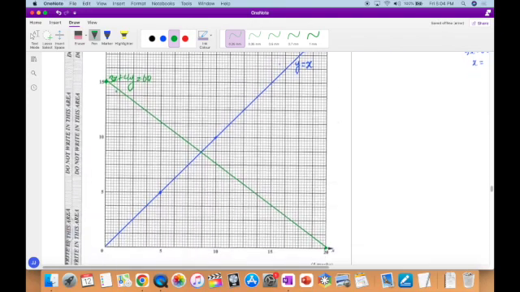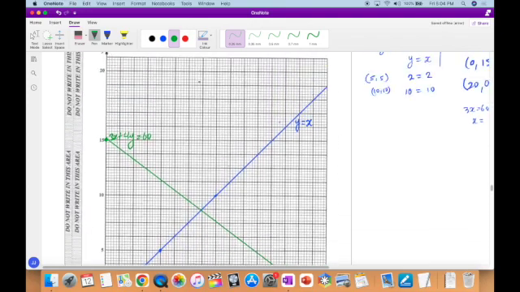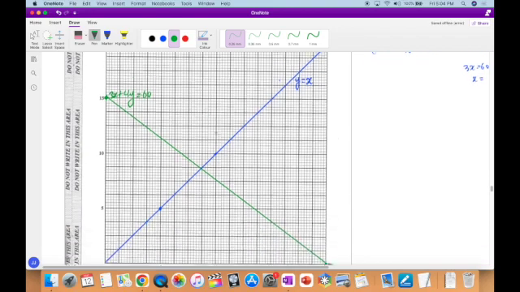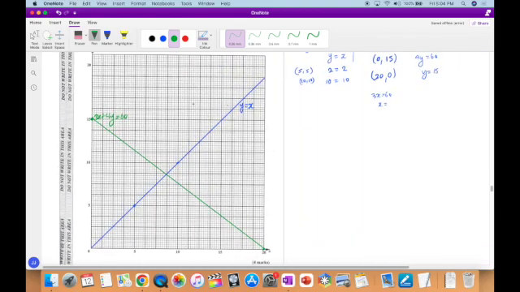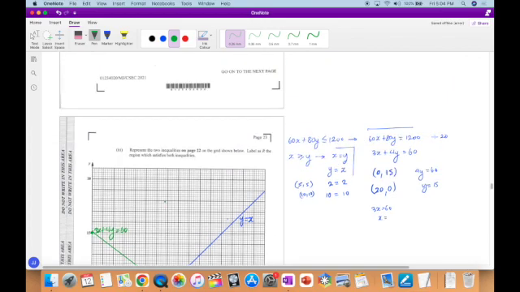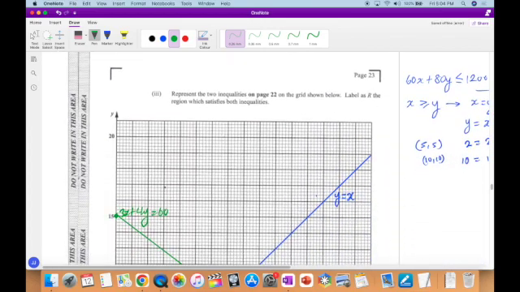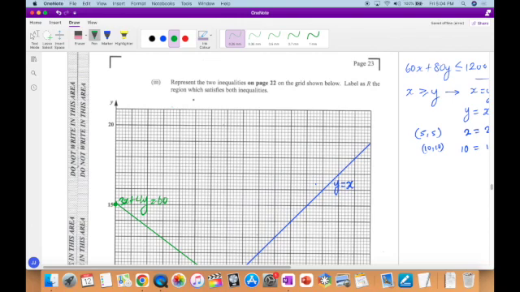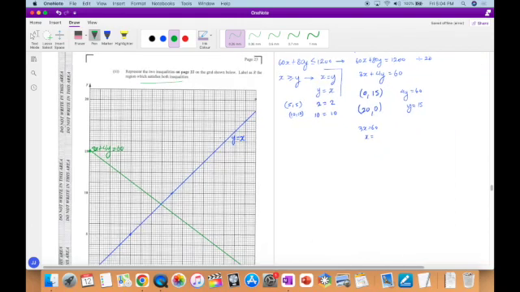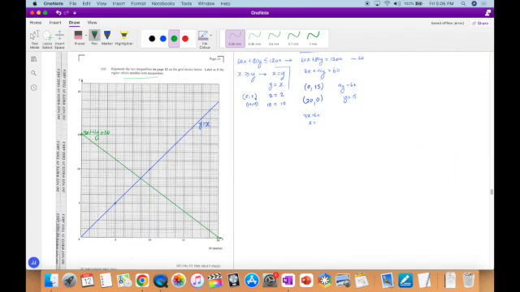And so now we have to see, because these two lines separate the graph into 4 regions, right? So now that we plot the lines, what did they say? Label as R the region which satisfies both inequalities. So you can see that these two lines separate the graph into these 4 regions.